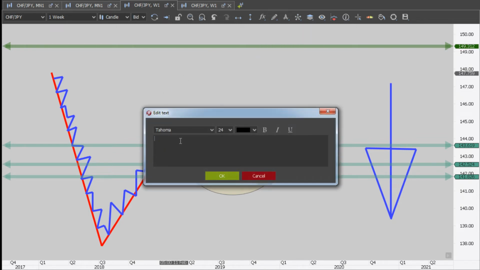Okay, let's write this down. Trade what you see means you can have 3, 4, 5 different market behaviors with 3, 4, 5 different strategies inside the same structure.